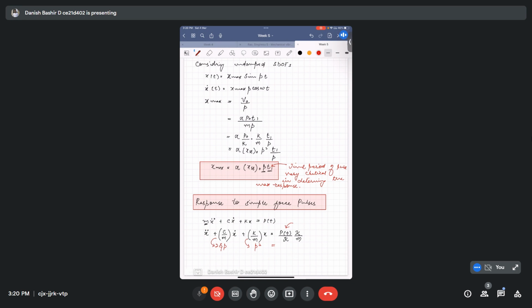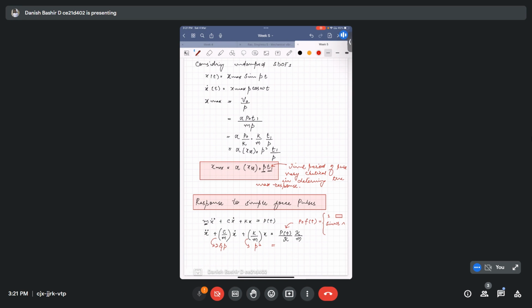It will be something like p naught times some function f of t. Okay, because I already told you, p naught f of t will be like, if we choose f of t will be equal to 1 if it is rectangular or something like this, and it will be equal to sine omega t if it is sinusoidal.